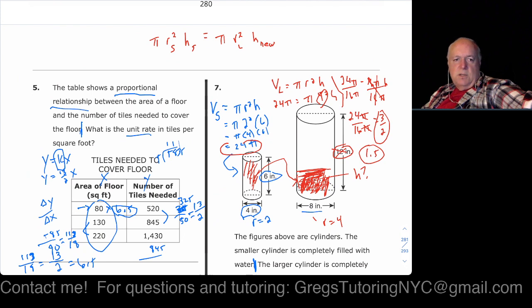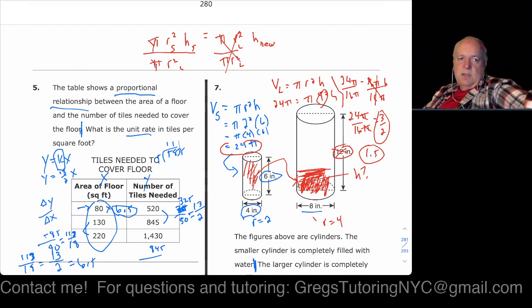All right, so since we're trying to compute h new, if we divide both sides by pi r squared uppercase L, this cancels out, and then we come over here, and we do pi r squared L, right? The pi's cancel, and that's what we end up with. We end up with the r squared times the h over the r squared of the other one. Okay, and that ends up giving us the 3/2 when we plug those numbers in and do the same kind of thing.